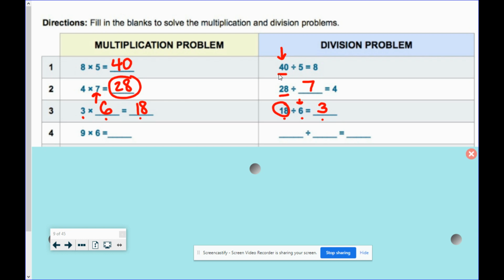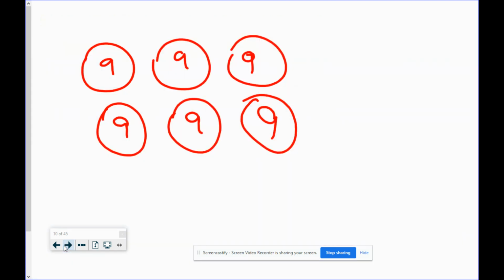9 times 6 is something, and then we could make a related division sentence out of that. What we did in class was we made groups of 9 and added that up. So 9 and 9 more is 18, and then 9 more is 27, 9 more is 36, 9 more is 45, and then 9 more is 54.